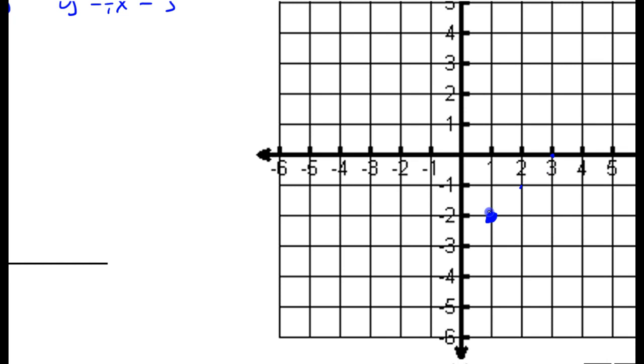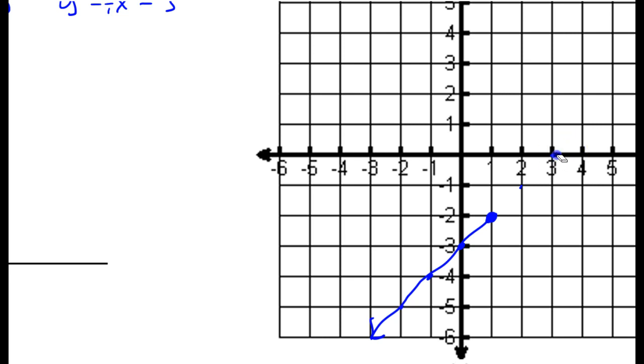But I don't want the points that are going to the right. I want the points that are going to the left. So if I go to the left, I will go down 1 over 1. I'm just sort of repeating this pattern backwards. Down 1, left 1. So these points will be going like this. Okay, so this is the first piece of my piecewise function.